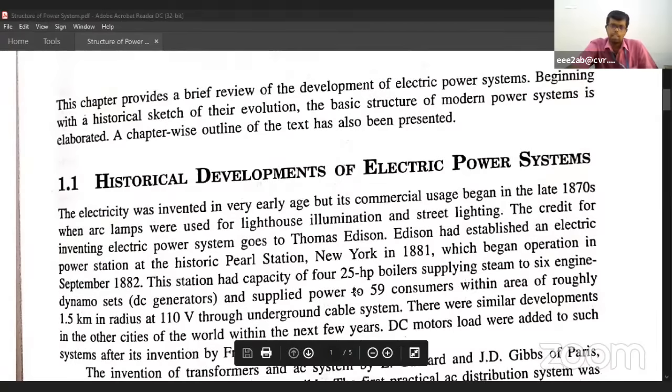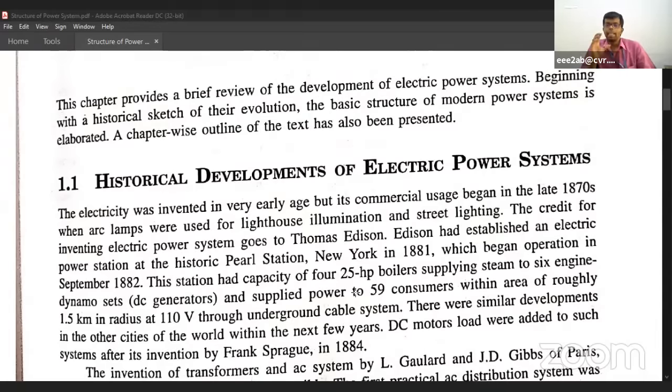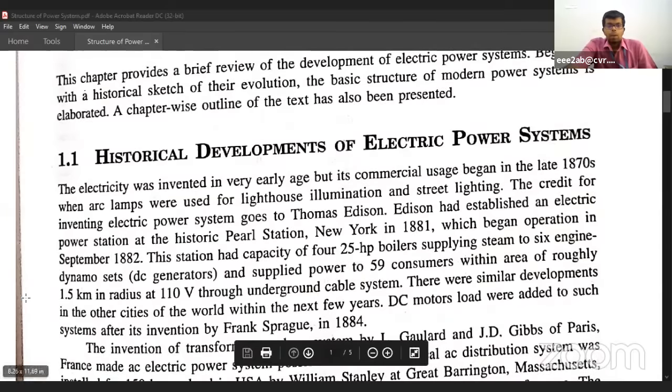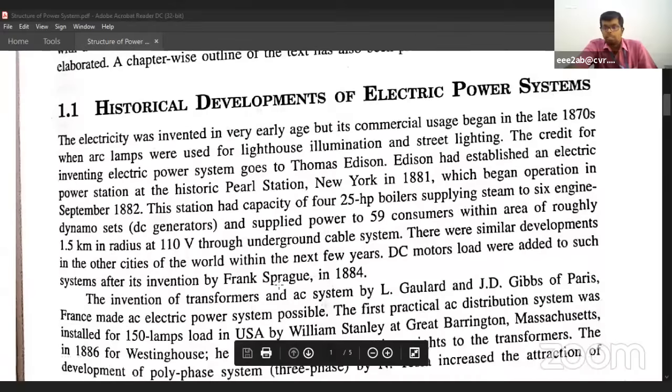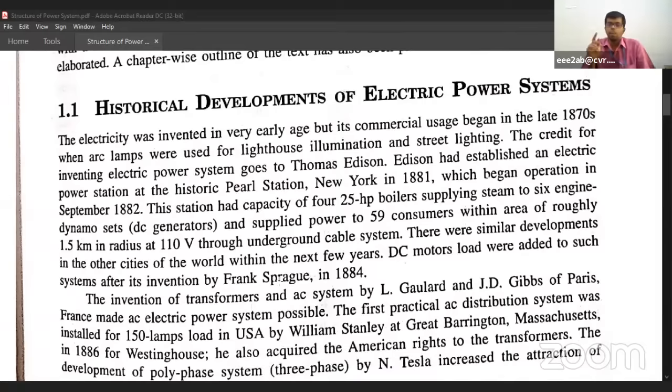So this is the first commercial substation, DC only, supplied to 59 customers roughly within a 1.5 kilometer radius at 110 volts through an underground cable system. In 1881 itself, they went for an underground cable system.